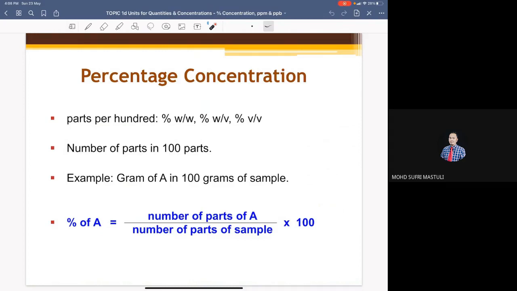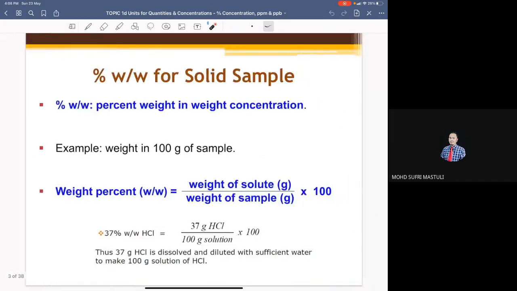For example, we have a gram of substance A in 100 gram of sample. So this is the formula for the percentage of A: the number of parts of A divided by the number of parts of sample, and then we multiply by 100.